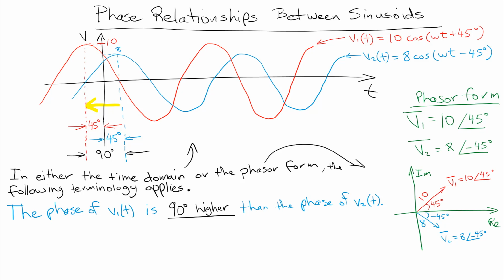At the same time, we have a counterclockwise shift in the phasor form, and that is 90 degrees as well between those two. So V1 is 90 degrees higher than V2 in terms of phase. We can also say that V2 is 90 degrees lower than V1 in terms of phase.